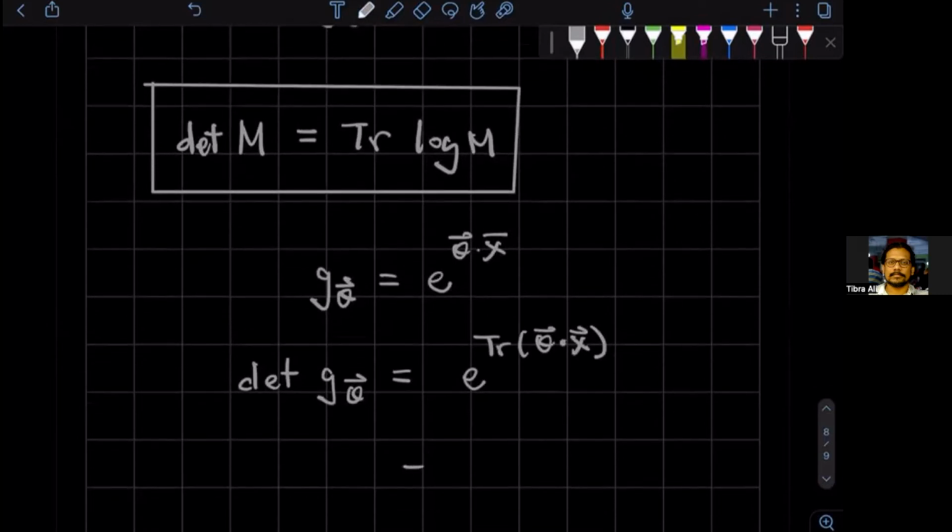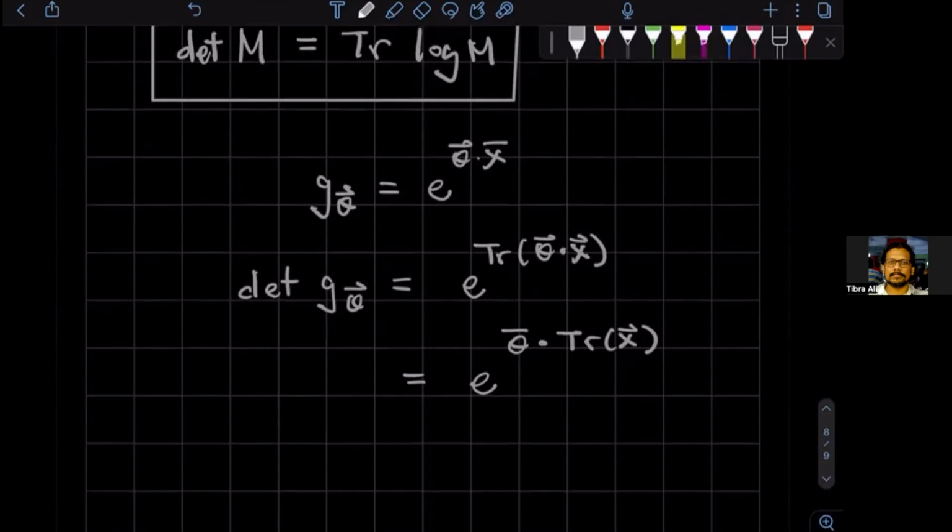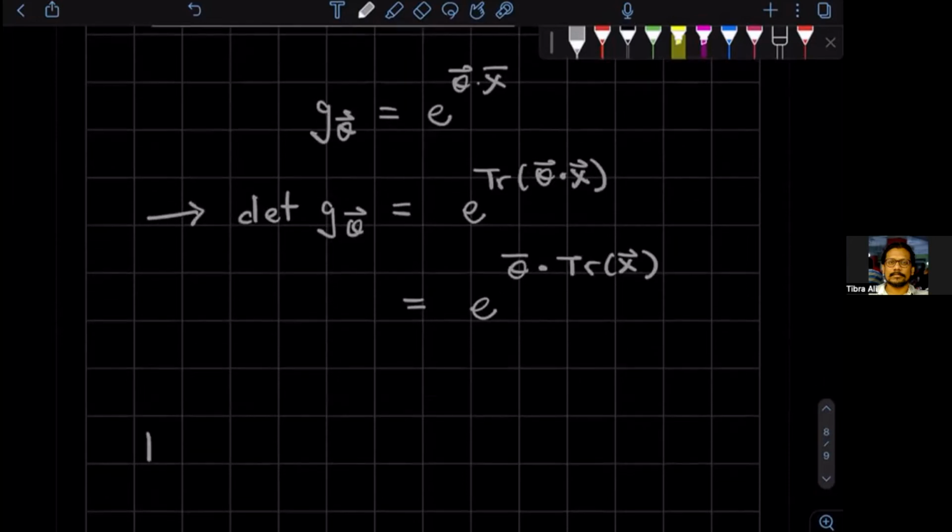Trace is a linear object, so I can actually write it as theta dotted with a trace of x vector, okay? But if I look at the right-hand side of the equation, it has the form of e to the power some real number.